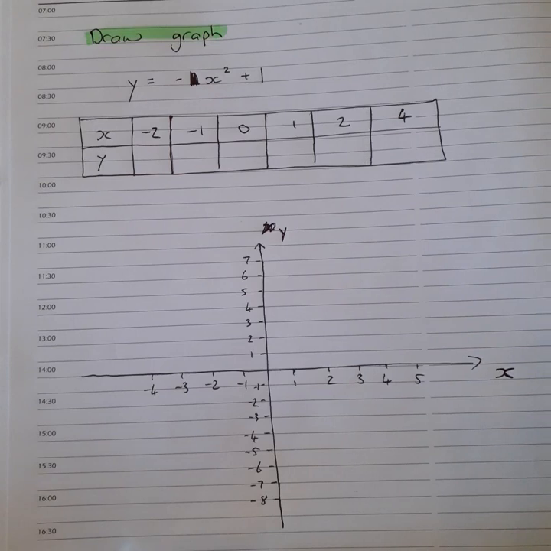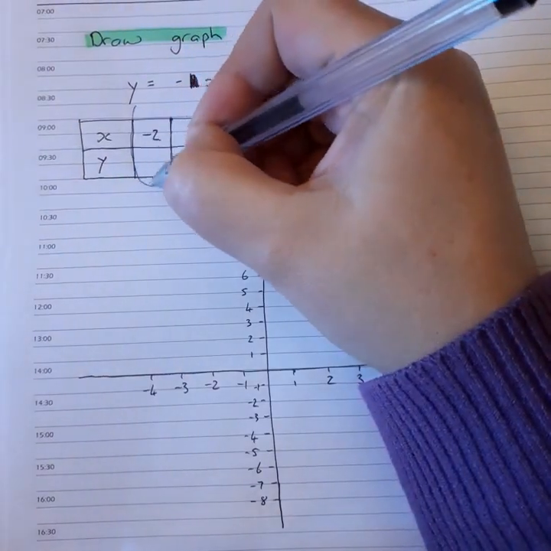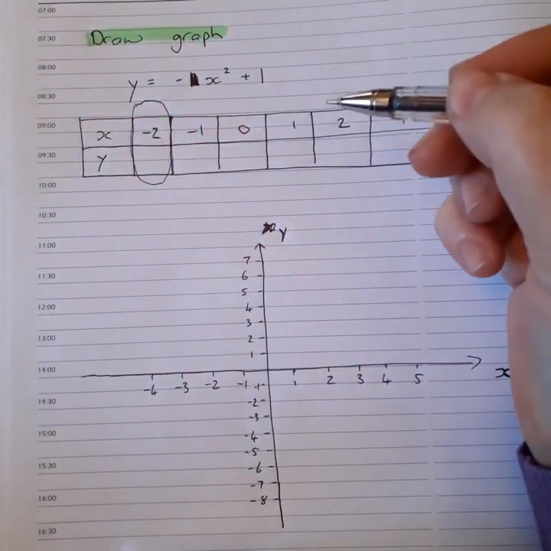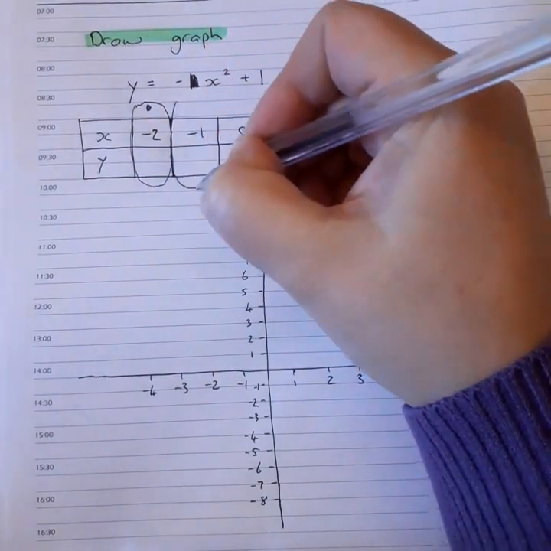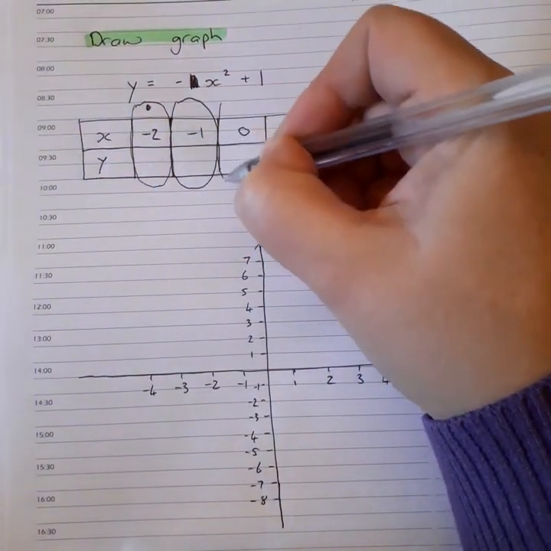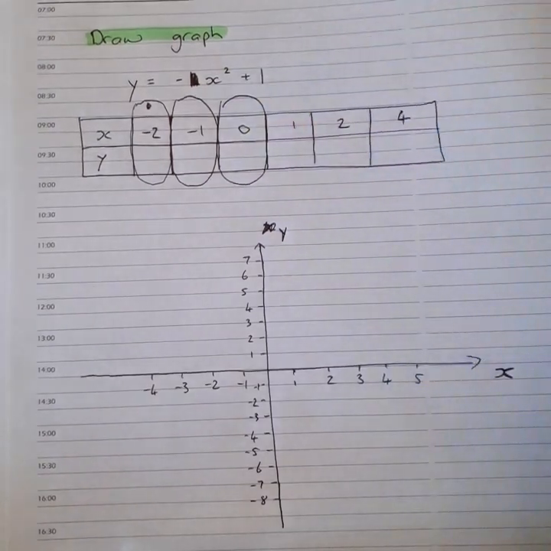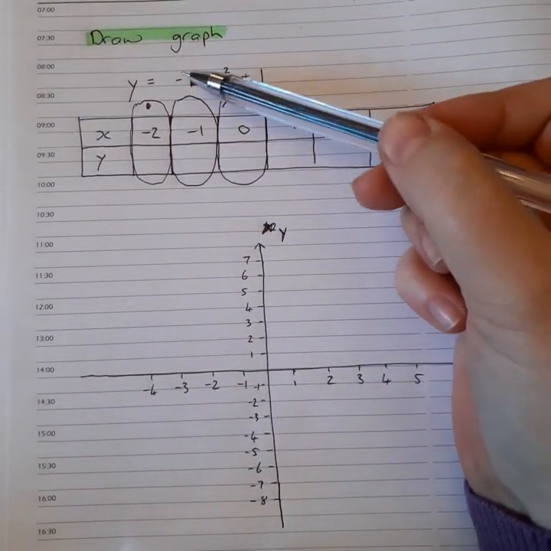A coordinate is an x value and a y value. So each one of these is a coordinate. That's 1 point. That's 1 point. That's 1 point.